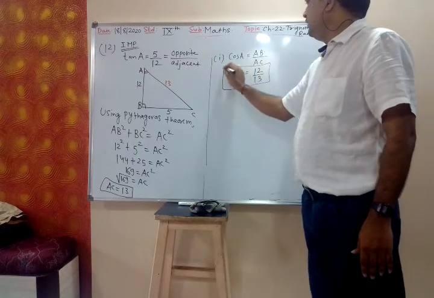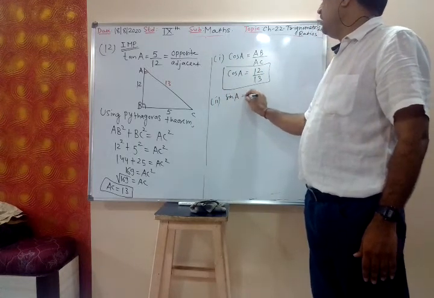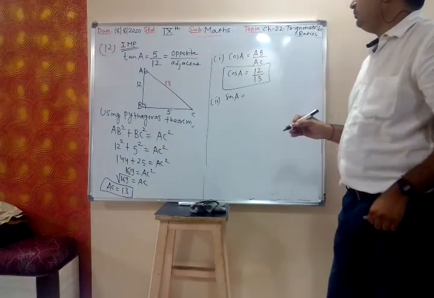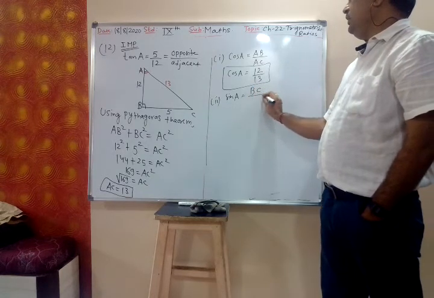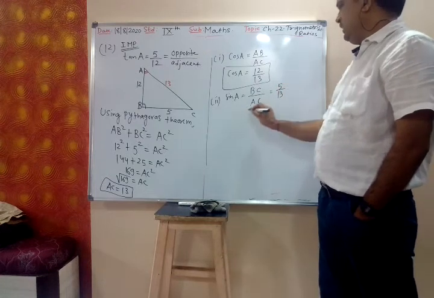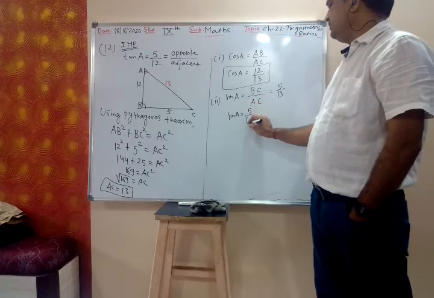Second, find sin A. Sin A is opposite upon hypotenuse, so BC upon AC. Sin A is 5 upon 13.